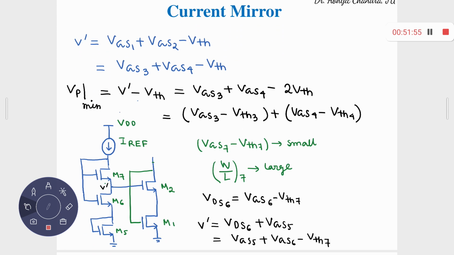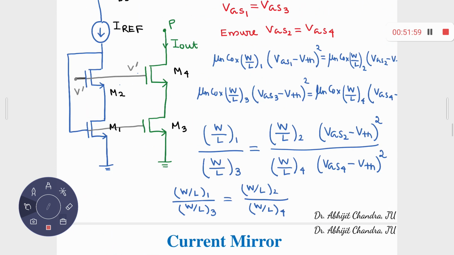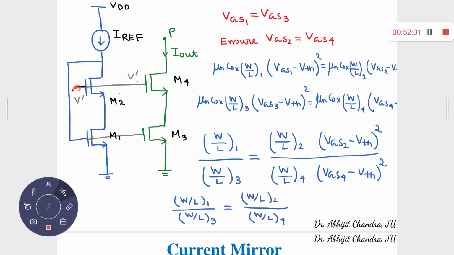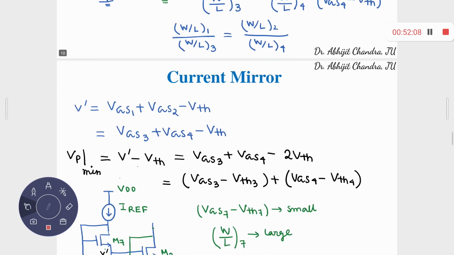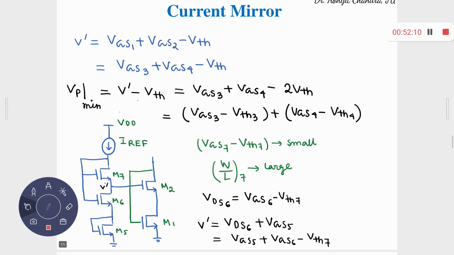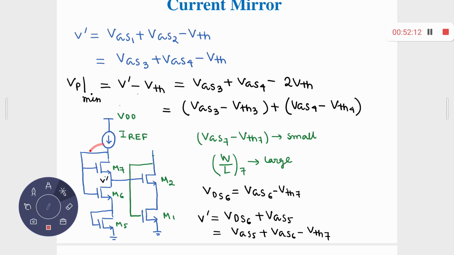So we are in the process of synthesizing V dash. That V dash was still an open node, right? So then what we are doing? That part looks a little bit complicated.